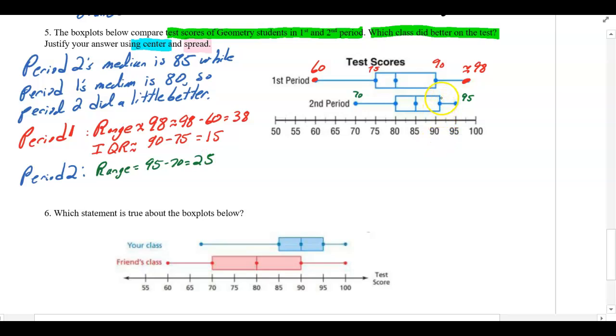The IQR, this looks like maybe it's 91, maybe it's 92, that looks like 80. Again, it's an estimate. So the IQR is around 91 take away 80, which is around 11. So using these measurements, we could see that period 1 has a larger spread or variability.